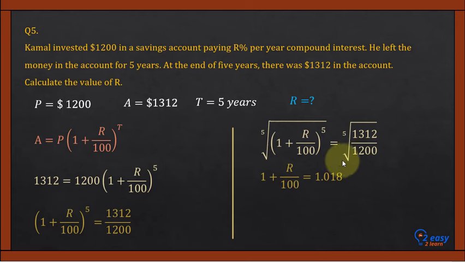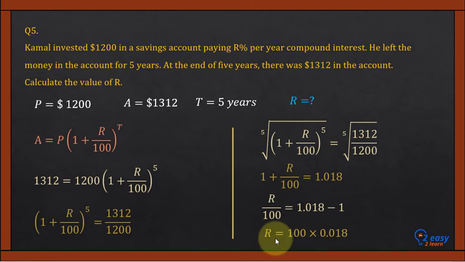Subtract this one, shift to the right hand side. So R over 100 is equal to 1.018 minus 1. So we will get on the right hand side 0.018.